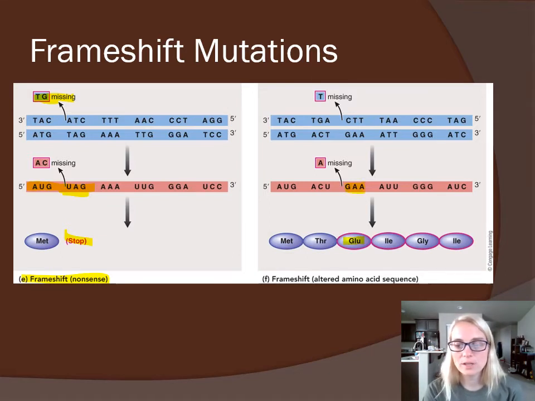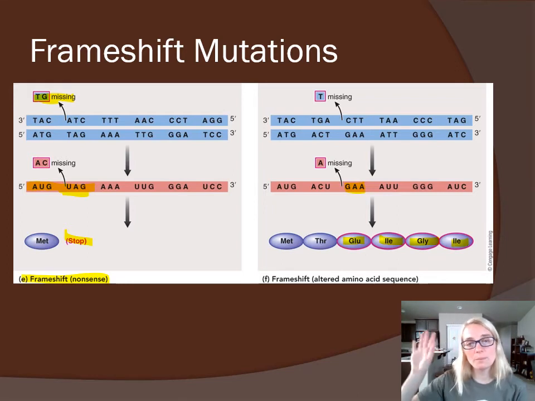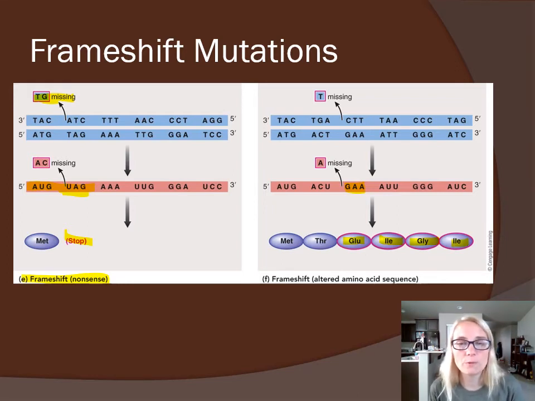So from that point on, every single amino acid downstream is going to be wrong, and it probably won't fold, and it'll be garbledygook, and it's not going to make any sense. So this is also called a frameshift, but it doesn't have a super special name. It's just the wrong amino acid sequence. It's altered. So frameshift mutations typically are very detrimental in a cell's ability to function.